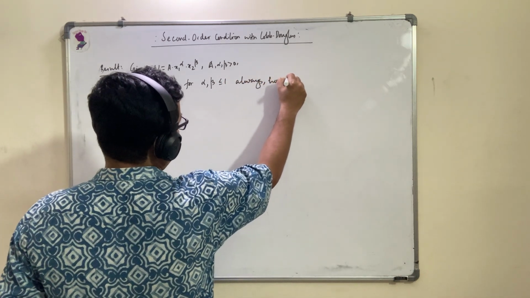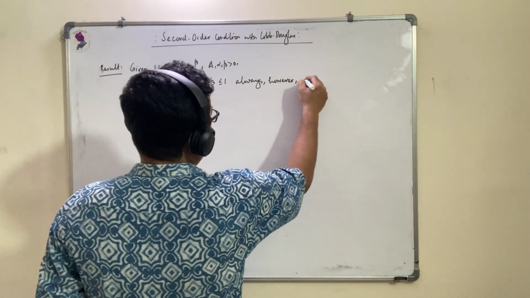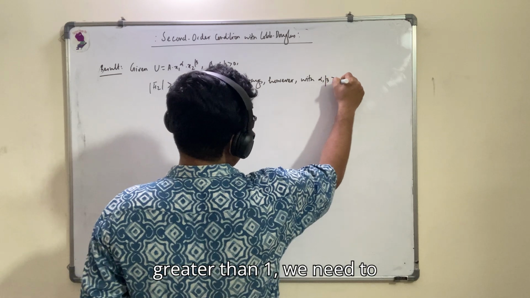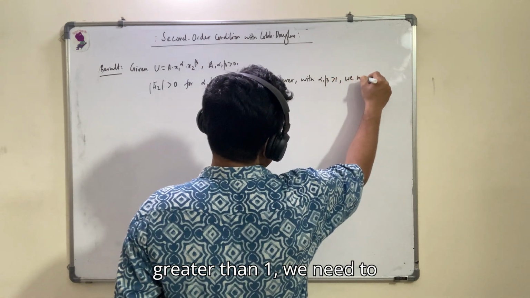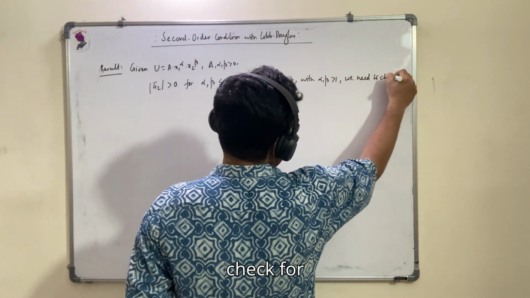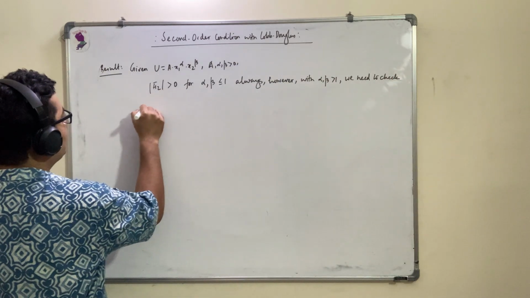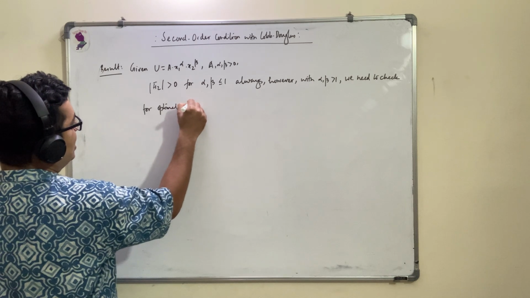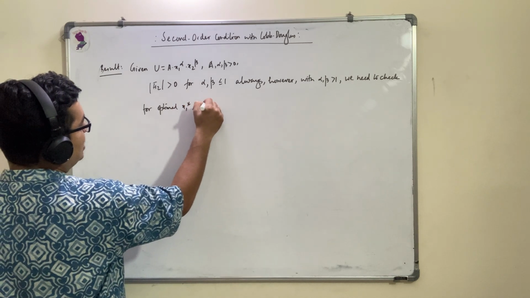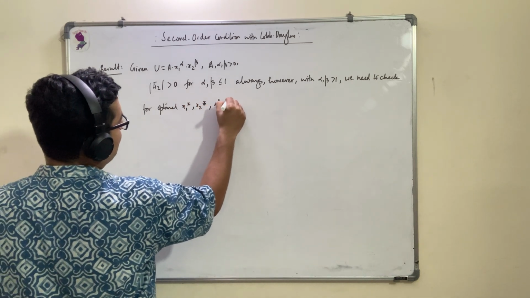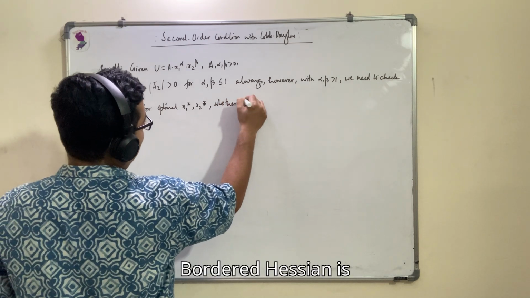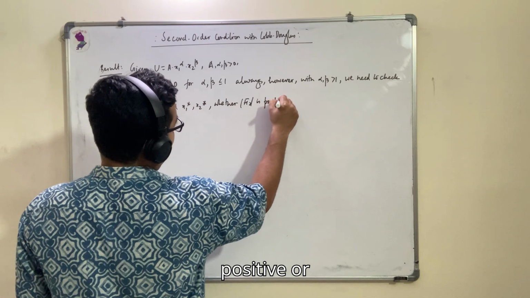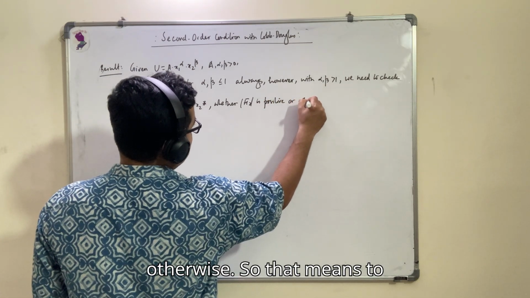However, with alpha, beta greater than 1, we need to check for the optimal x1 star, x2 star whether the bordered Hessian is positive or otherwise.